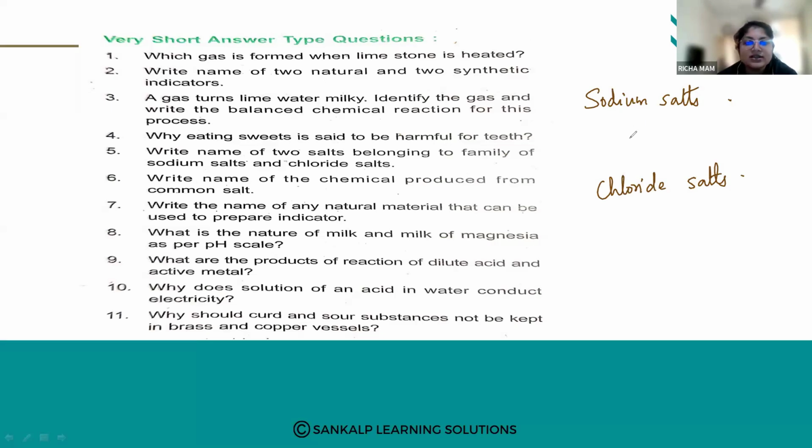So for sodium salts, you can write NaCl, right? Then you can write Na2SO4. So these are the sodium salts. Then, chloride salts: potassium chloride.